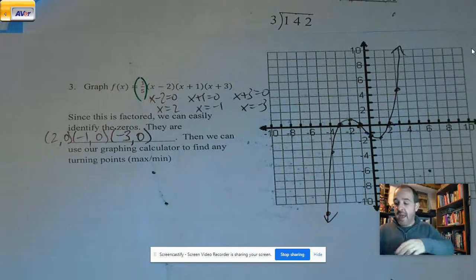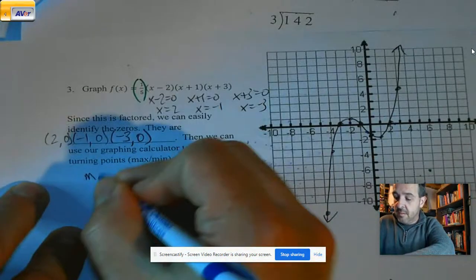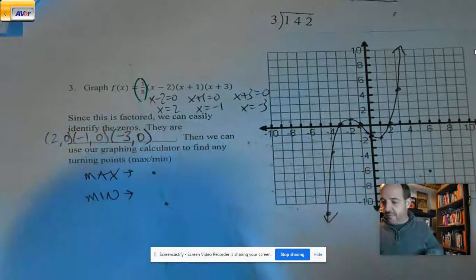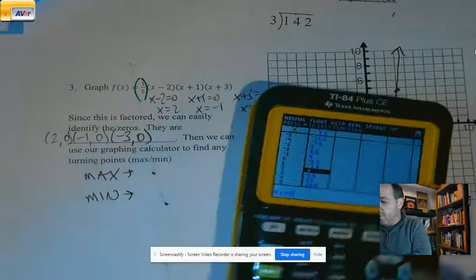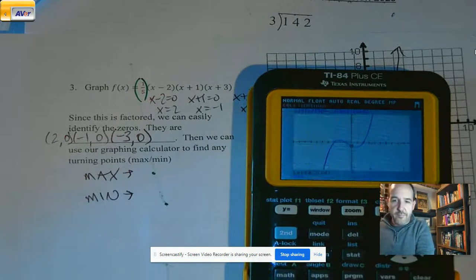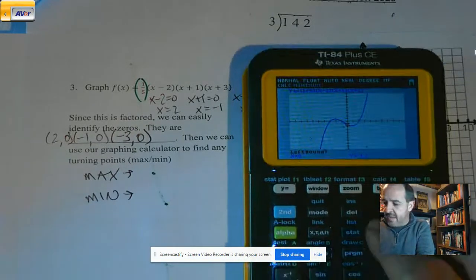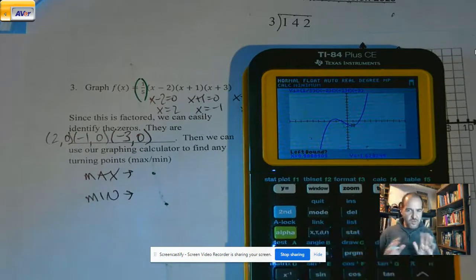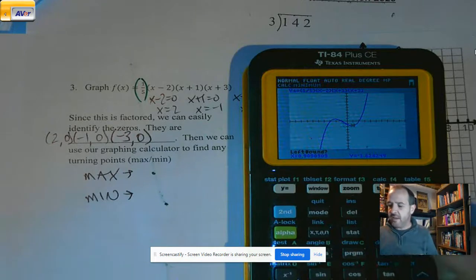And then again, maxes and mins. We'll do those because we didn't get a whole lot of practice with those on the front. So we're going to do second trace. We're going to find our min first this time. So my min is over here. Again, left and right arrows. It's pretty close as we can get to where that minimum looks like it's at. And then no enters yet.